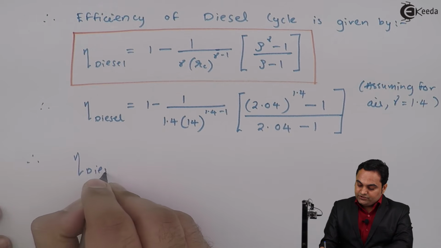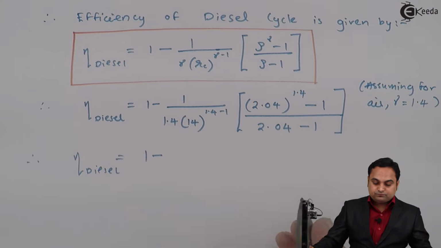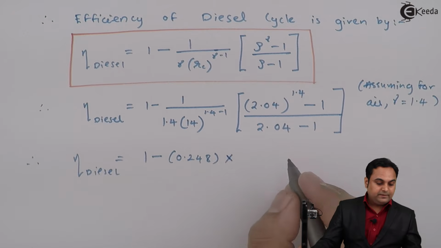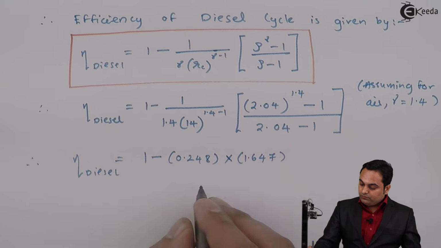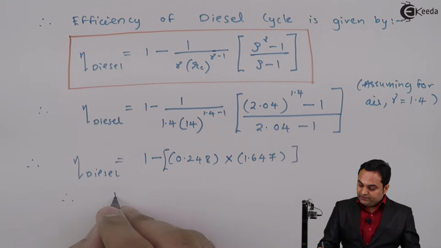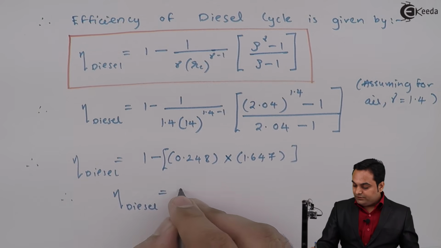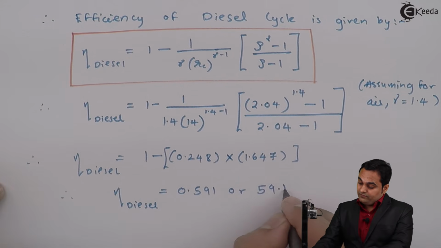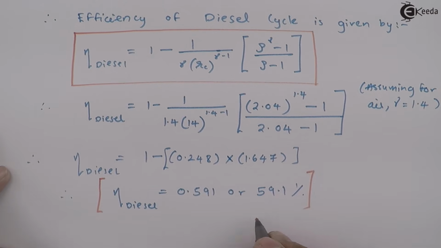So therefore the efficiency of diesel cycle, here I have the first term, it comes out to be 0.248 into the term inside the bracket, that is 1.647. So from this I am getting the efficiency of diesel cycle as 0.591, and if I multiply by 100 I am going to get it as 59.1%, keeping this as equation number second, or equation B I'll say.